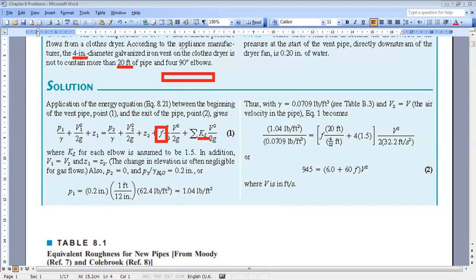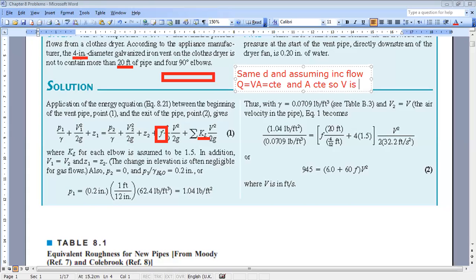So since we have the same D, and assuming incompressible flow, then we can say that the volumetric flow rate Q is constant and Q is V times A. Okay, and since the cross-sectional area is constant, Q is constant and A is constant, so V will not change.